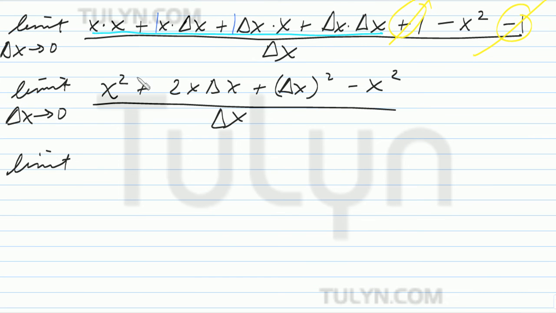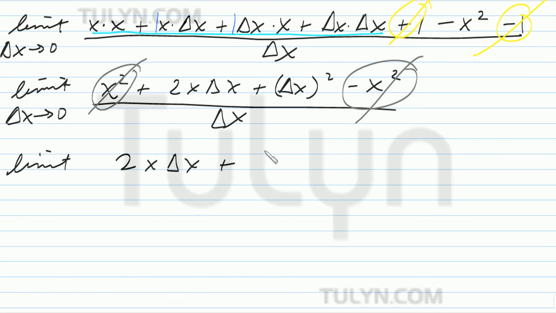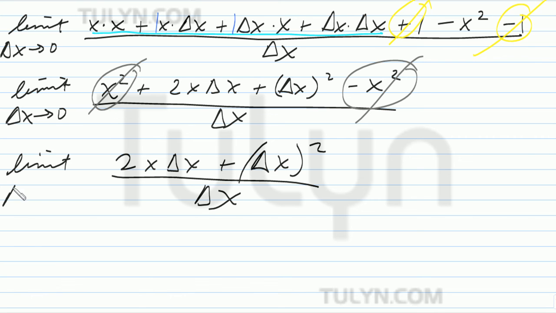Here x squared and negative x squared cancel out because they're both the same term, just different signs. So then I get 2x delta x plus delta x squared, all divided by delta x as delta x approaches 0.